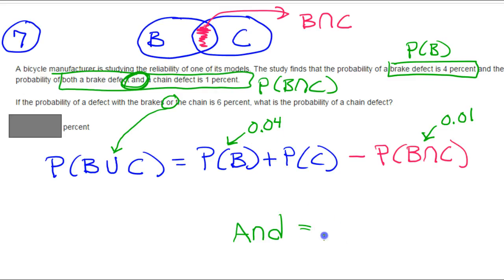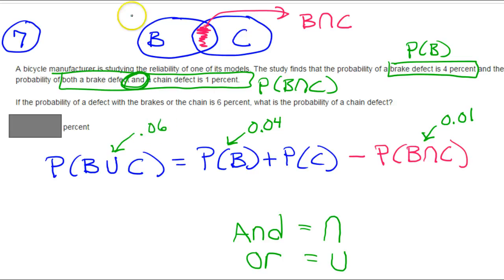When we talk about or, we're talking about this, the union symbol. So you need to memorize that fact. When they say the probability of a defect with brakes or chain, this is the probability of brakes or chain right here, and they're telling us that is 6%. So this thing right here is 6% or 0.06.